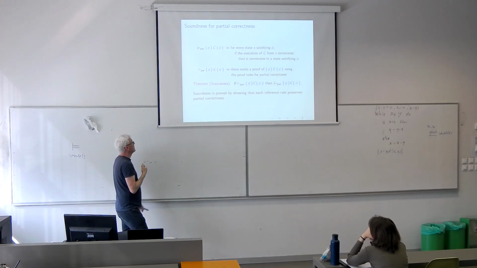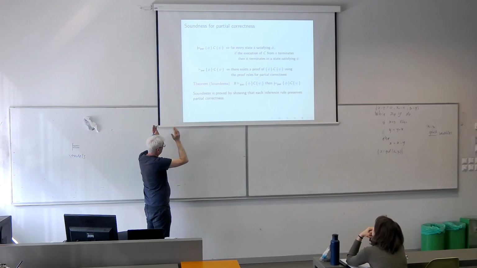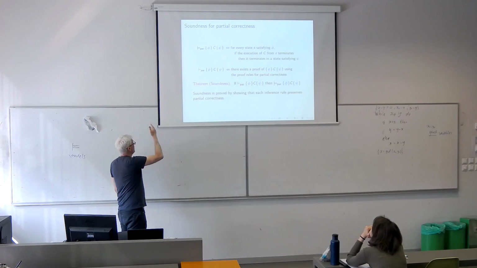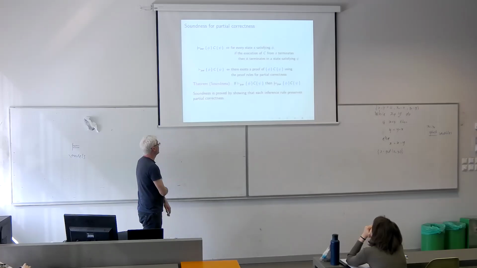Now we don't need a model on the left. Instead of a formula, we're saying a partial correctness specification is satisfied if, in this case, the right-hand side there holds.